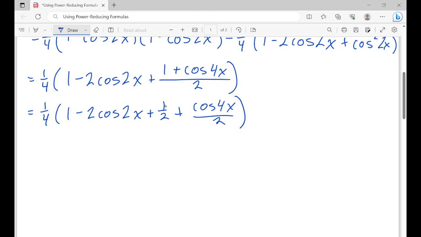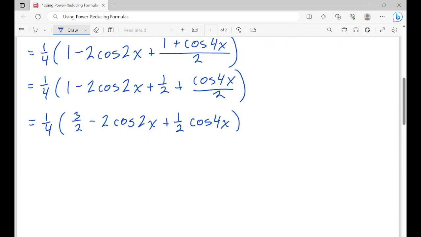And then I can combine like terms, this 1/2 and this 1 here, and I'm going to end up getting 1/4, 3/2 minus 2 cosine 2x. And I'll bring this 1/2 out as a coefficient: 1/2 cosine 4x.